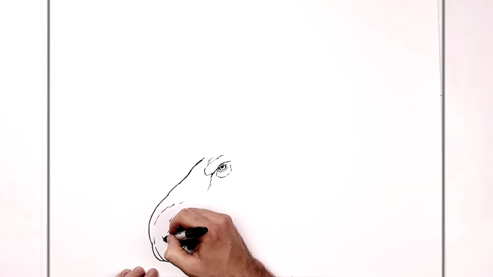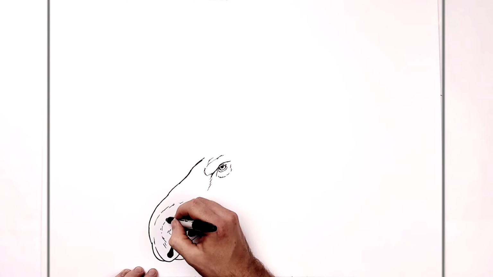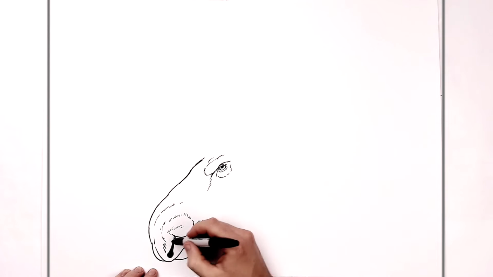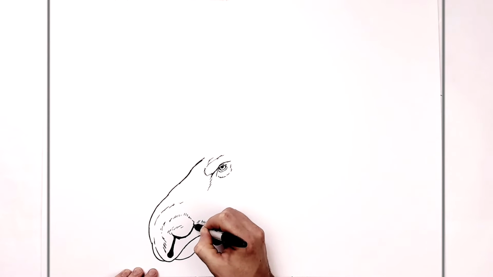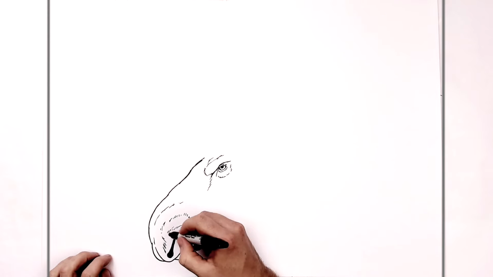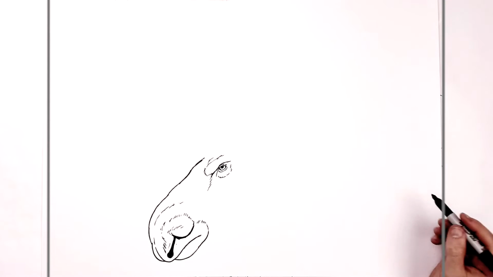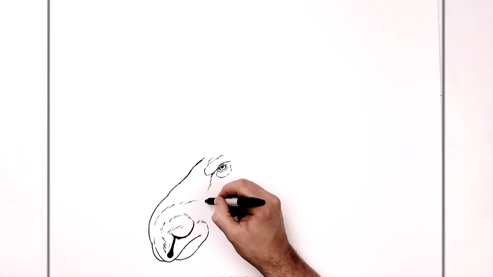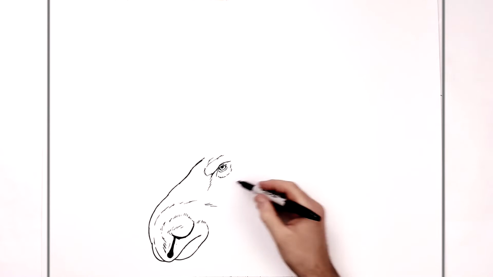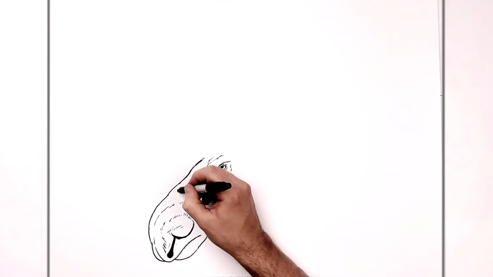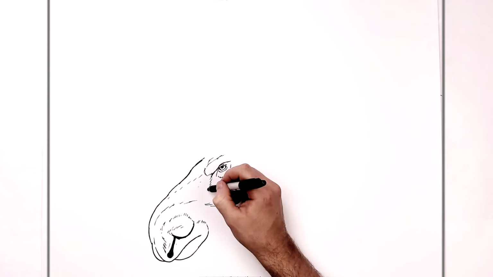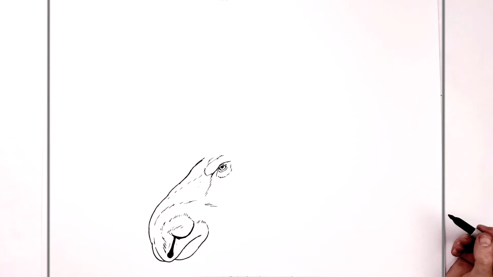And there could be some lines like so. Roughly like this. And then this sort of line comes down here. And then maybe another line just coming down, like so.